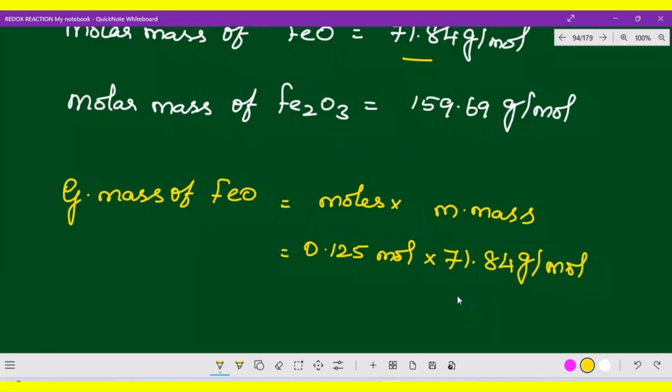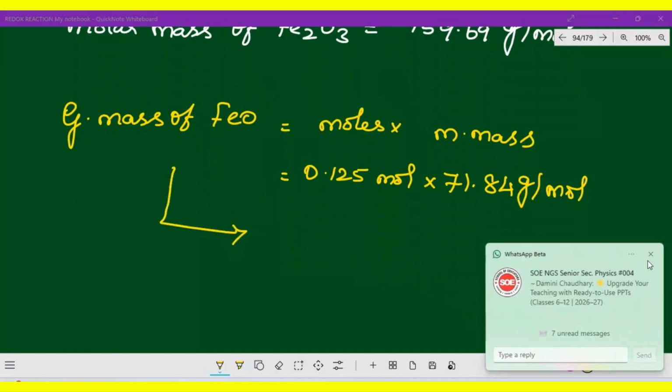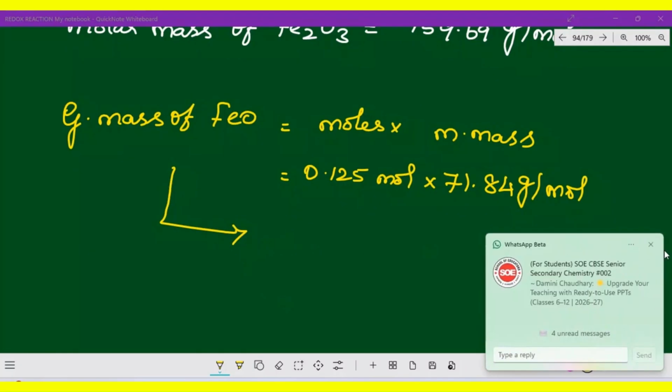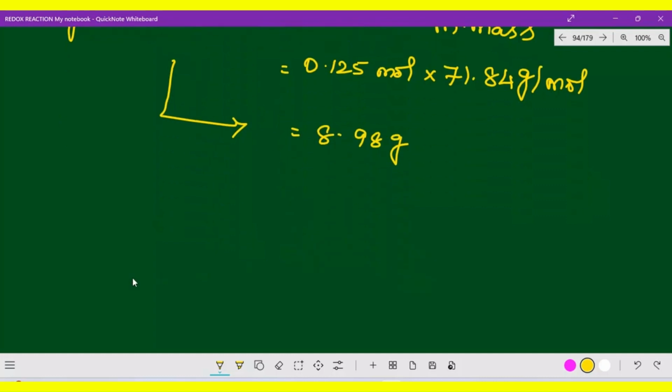Right, now you get the given mass from moles into molar mass. That idea you know very well, right? Okay, so you will get the answer here, 8.98 gram. The given mass is that much only.